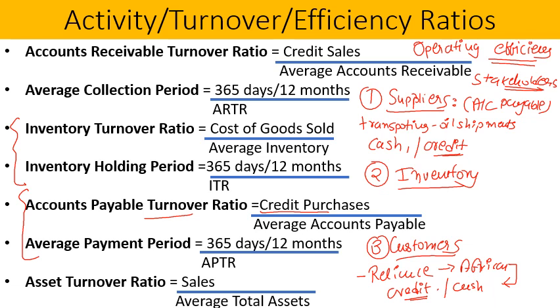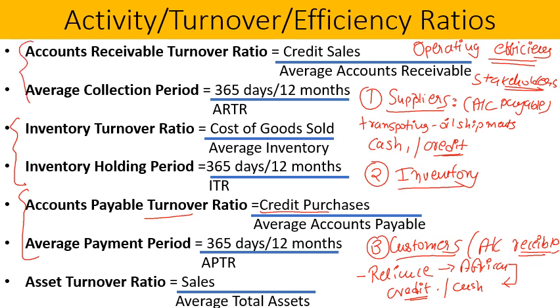Now customers can be attached to the financial statements by accounts receivable. The accounts receivable turnover ratio is credit sales divided by average accounts receivable, and the average collection period can be computed by 365 divided by the receivable turnover ratio.